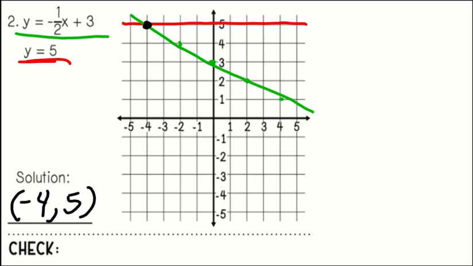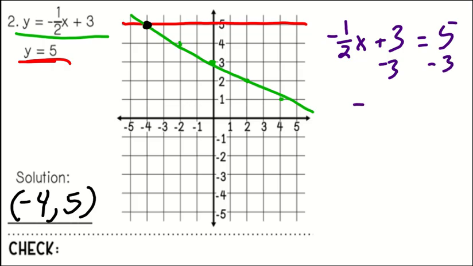See how both of these are y equals? All we have to do then is set negative 1/2 x plus 3 equal to 5. And I solve. So I subtract 3 from each side. I got negative 1/2 x equals 2.